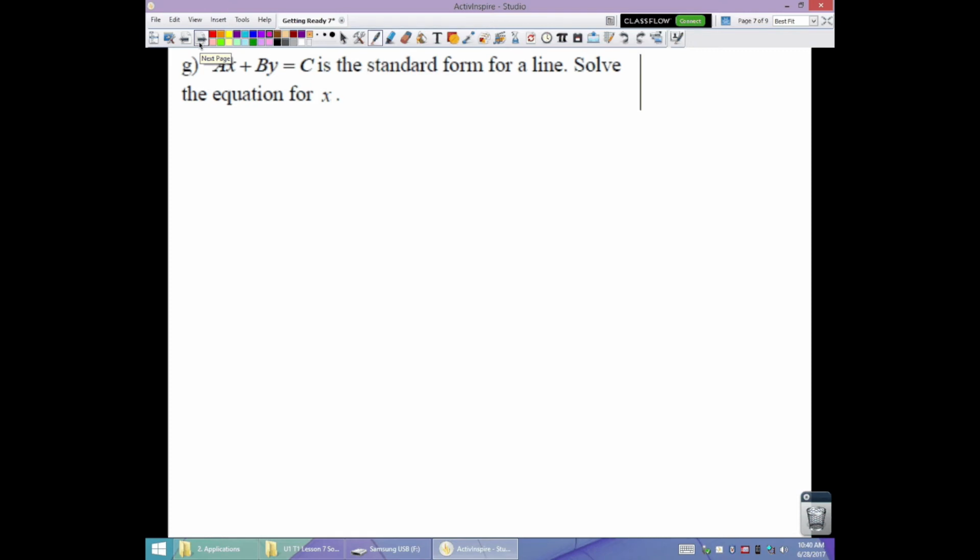Part G, we now have standard form of a linear equation, capital A x plus capital B y equals capital C. So we are going to solve for the variable x. We want x to remain where it is, everything else to move away. So start by subtracting the by on both sides.